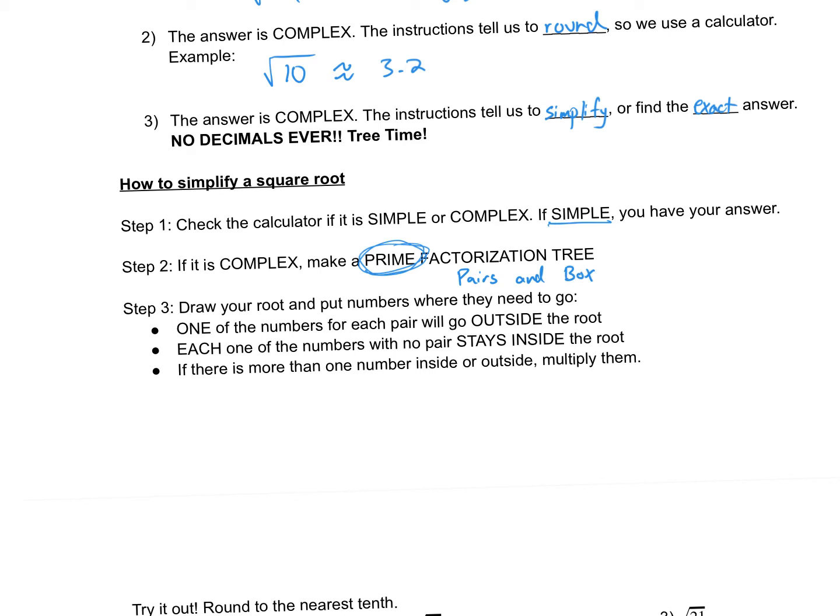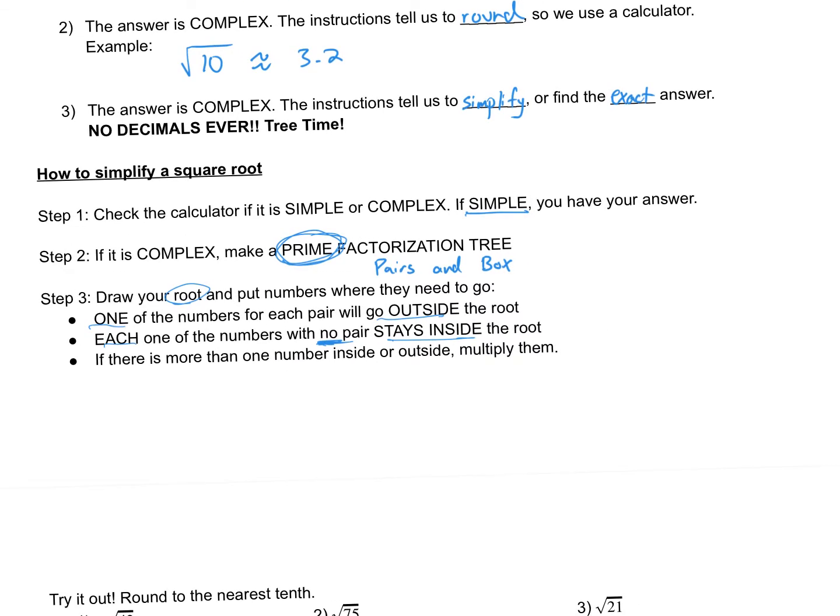We draw the root, and for each pair, one of the numbers goes on the outside. Each of the numbers with no pair stays on the inside. If there is more than one number inside or outside, then we multiply them. If there is a pair, we choose just one of them and it goes on the outside of the radical. This has no pair, and it stays underneath the radical.